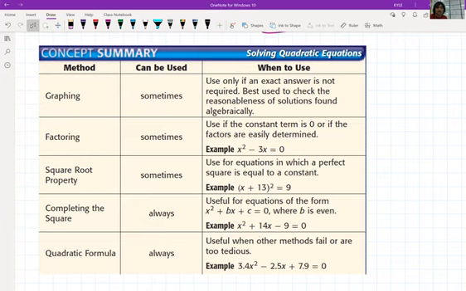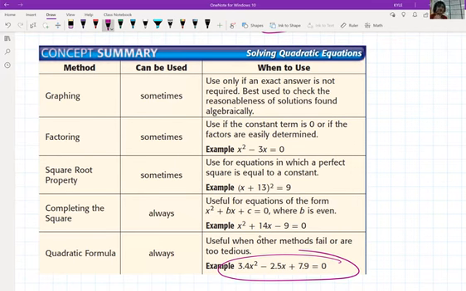Quadratic formula always works. Can sometimes be a little bit much, but if you look at the example there on the screen that I'm circling, I don't want to deal with those decimals when I'm trying to complete the square, or I can't factor it or graph. So quadratic formula is kind of a nice fallback. It always works, it's plug and play, but it has a lot of spots we could mess up with those details, negatives and things like that.